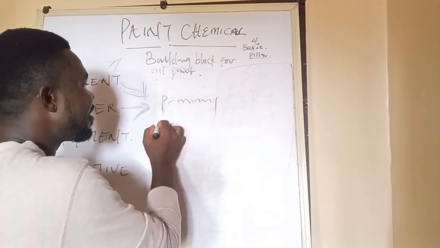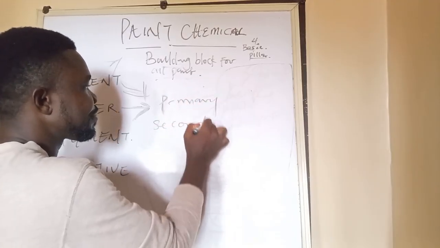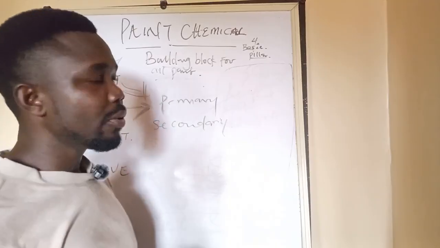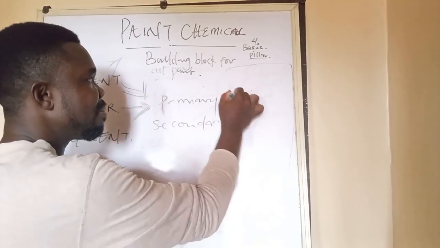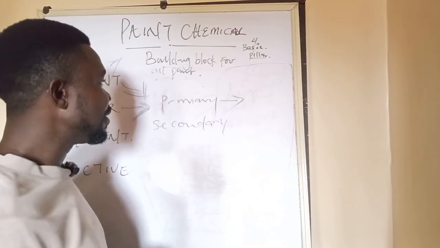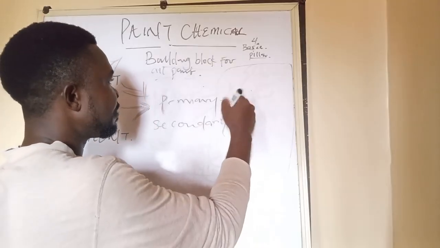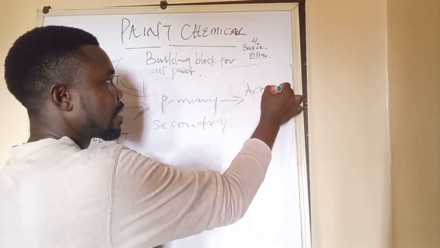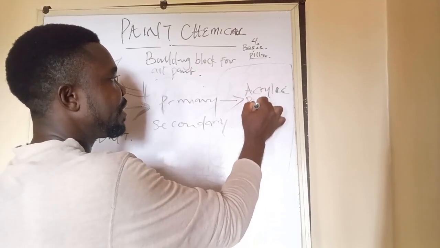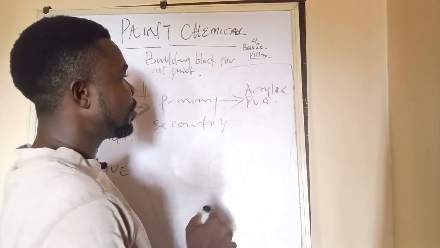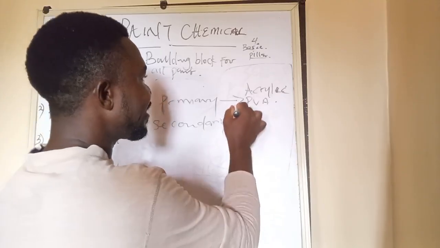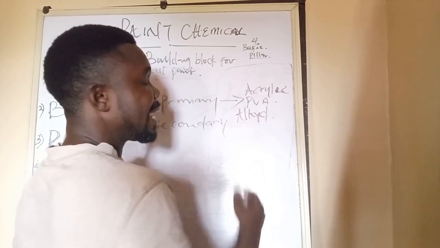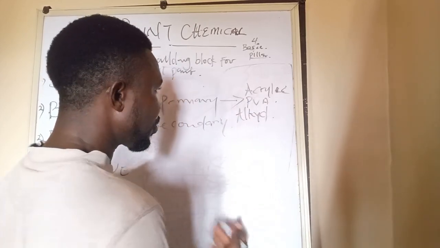We have primary binder and we have secondary binder. What's our primary binder? Your primary binders are basically your acrylic, your PVA, and every other binder that you can think of.